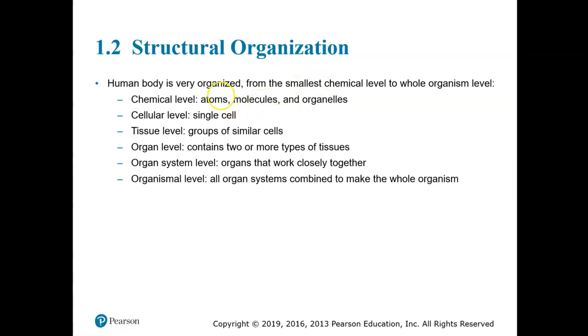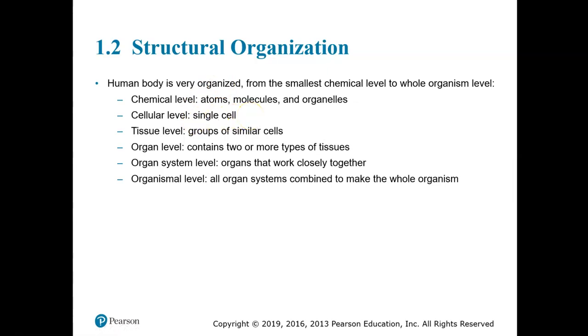Molecules are grouped together into larger molecules that form the organelles or the parts of the cell. And then at the cellular level, all of the cell parts, all the organelles plus the cell membrane or plasma membrane, are grouped together to form a single cell.